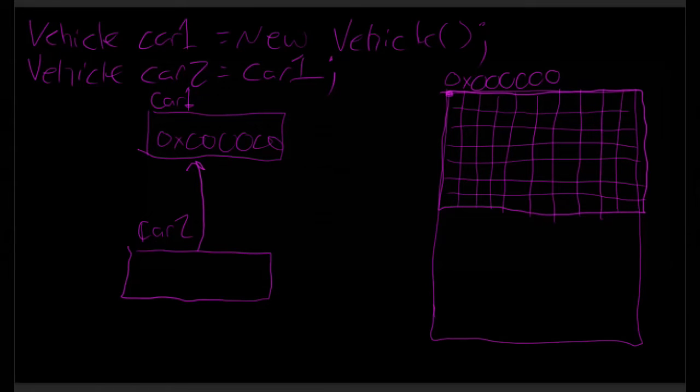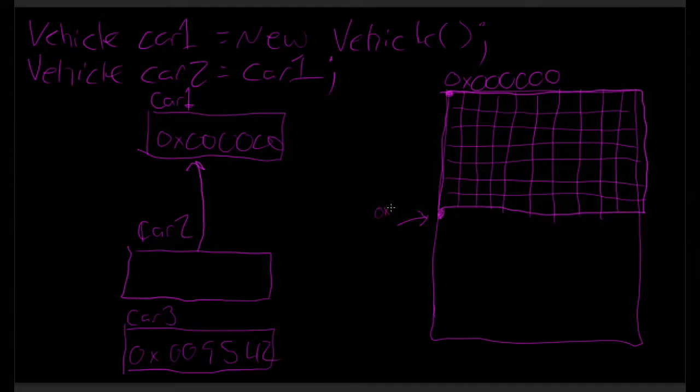So now what we've done is we've created a vehicle car3, and I'm not going to just pretend I wrote the thing up there, but now we have a vehicle car3, and we'll just say its location is maybe 0x009542, and we'll pretend that's this location right here.